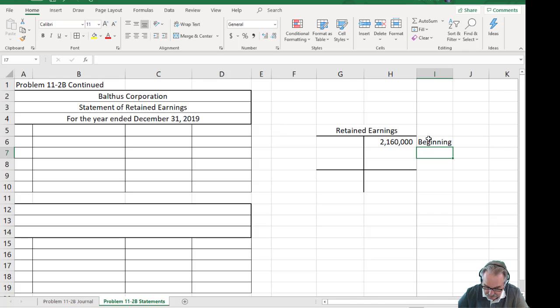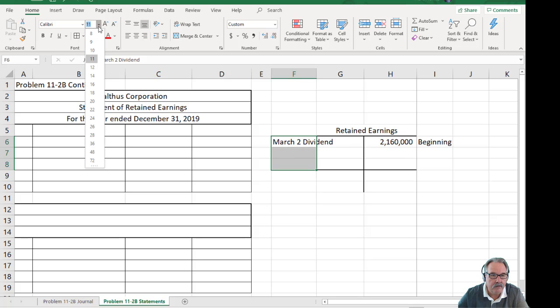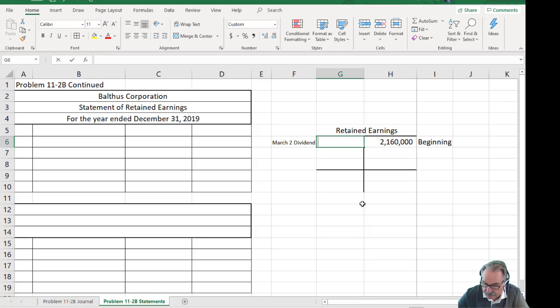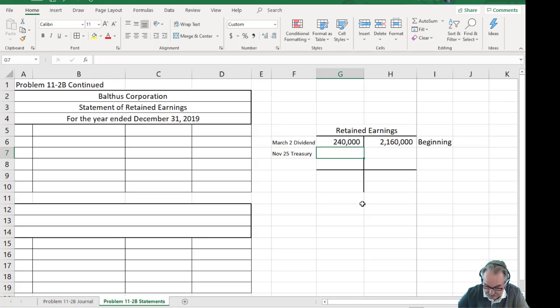Then on March 2nd, dividend. And let's make these smaller so they fit better. The March 2 dividend was a debit of $240,000. The November 25th treasury was $16,000.